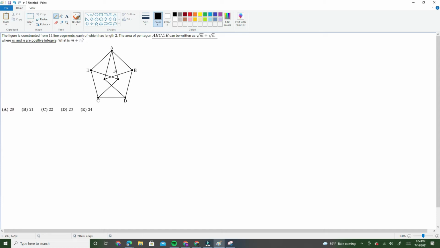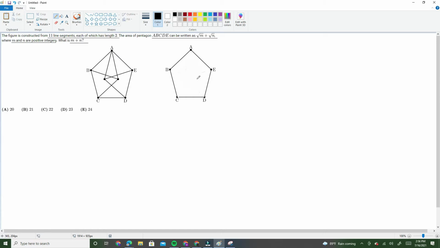And maybe that'll make our problem a bit easier to deal with. So here I made a copy of pentagon ABCDE, except without all the clutter on the inside that the original figure had.